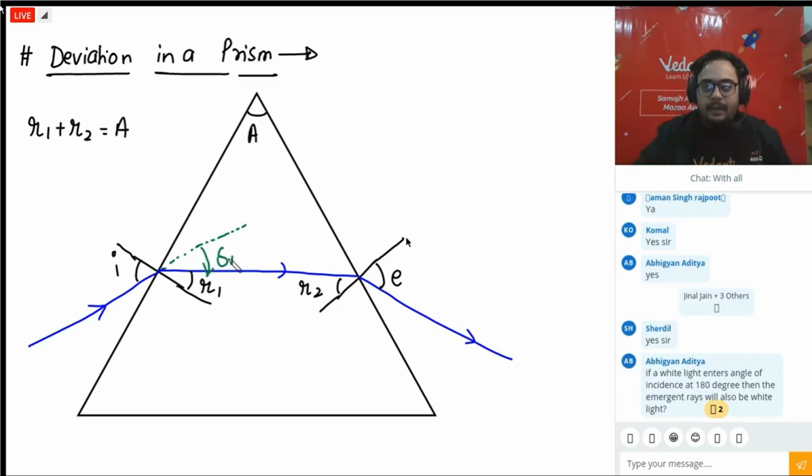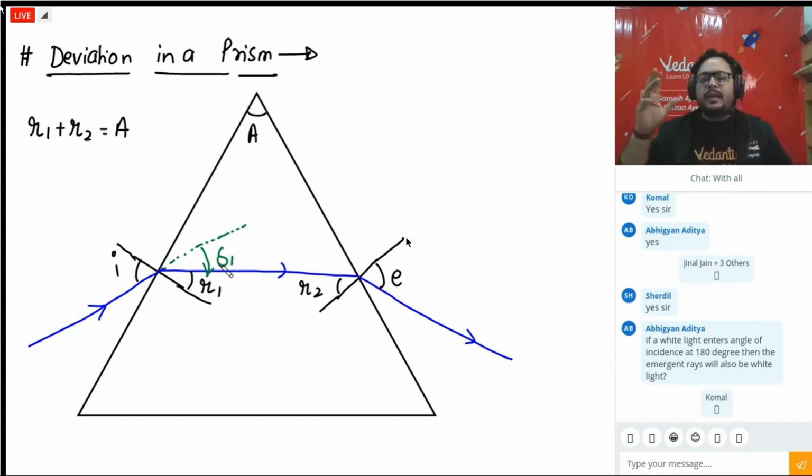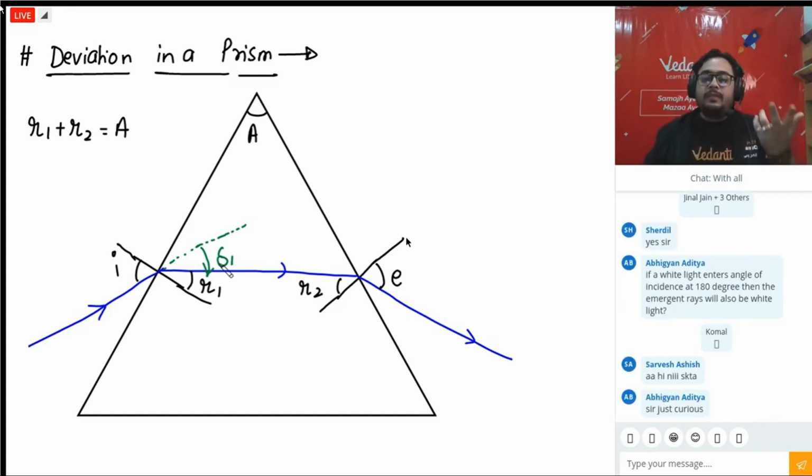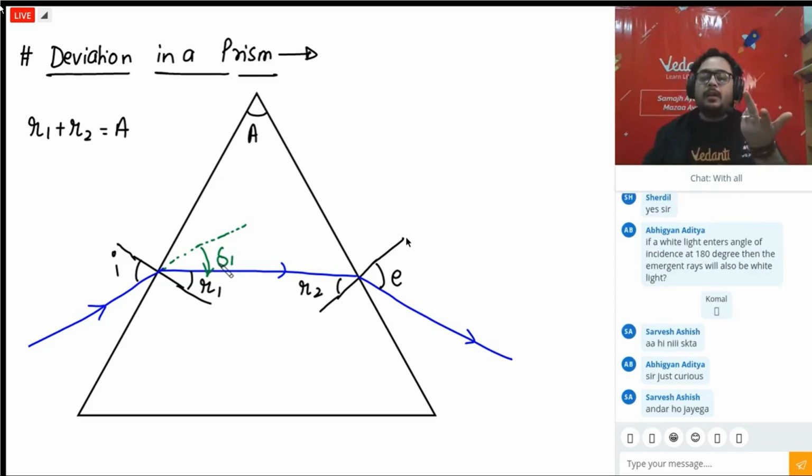अब देखो, out of the context doubt will come. If a white light enters at 180 degree of incidence, enters at 180 degree angle of incidence. Beta, angle of incidence cannot be more than 90 degree only.